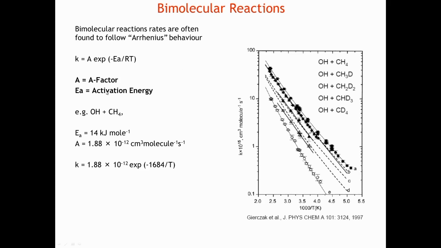Where the rate constant is normally plotted as a function of temperature here, and you can expand the rate constant into a prefactor and an activation energy divided by the gas constant times temperature.